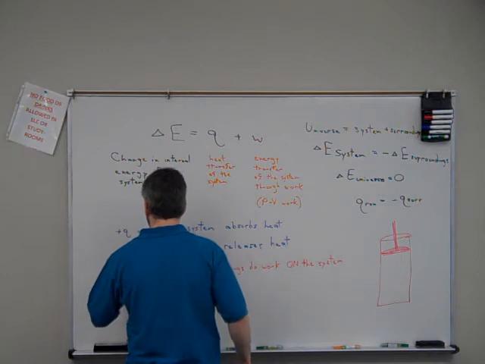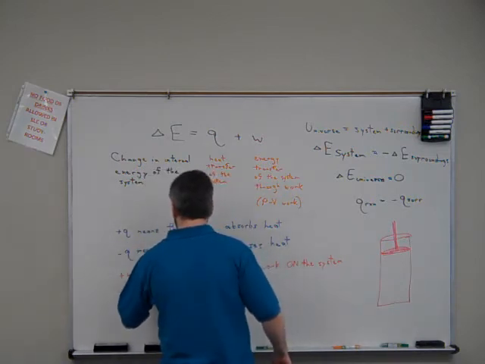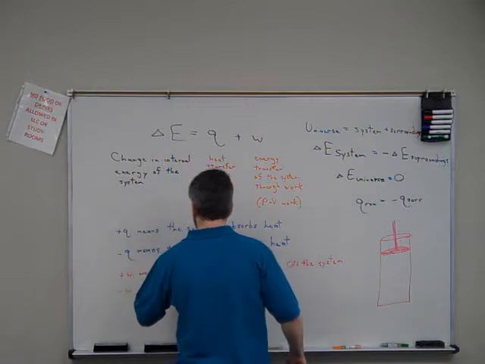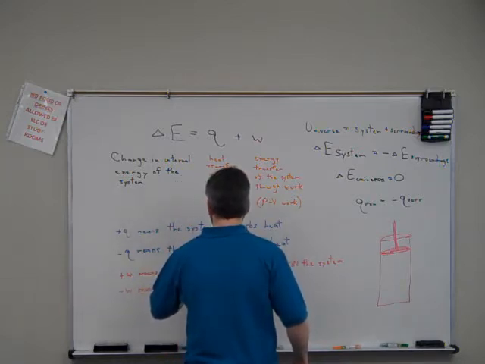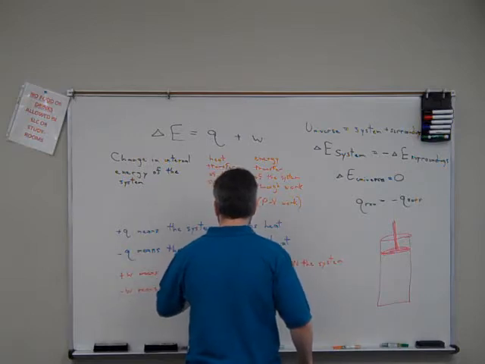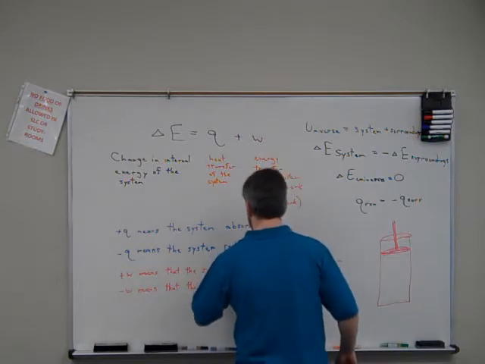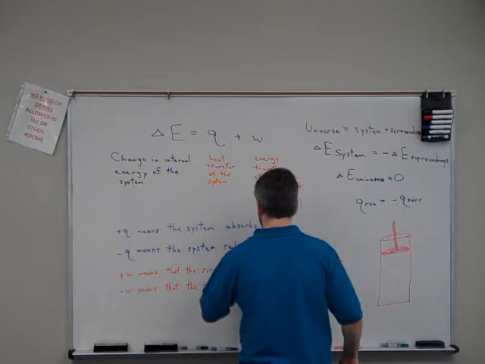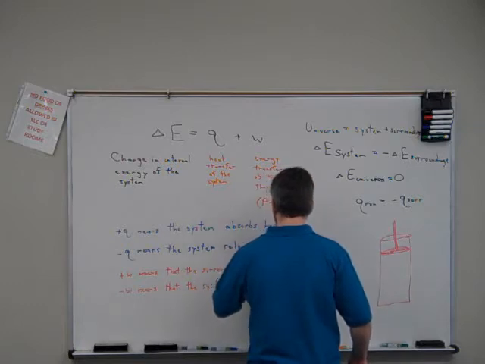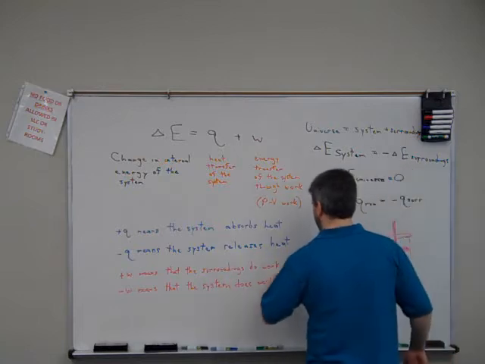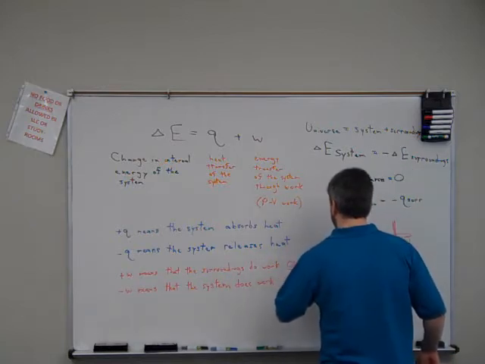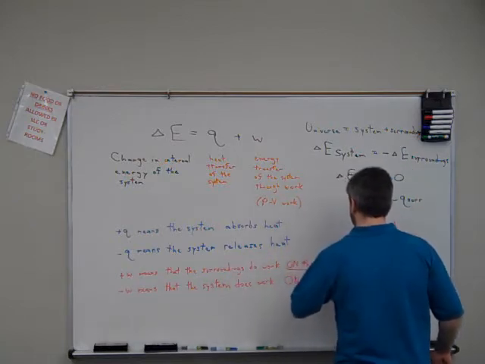Negative work means that the system does work on the surroundings. This is on the system. This is on the surroundings.